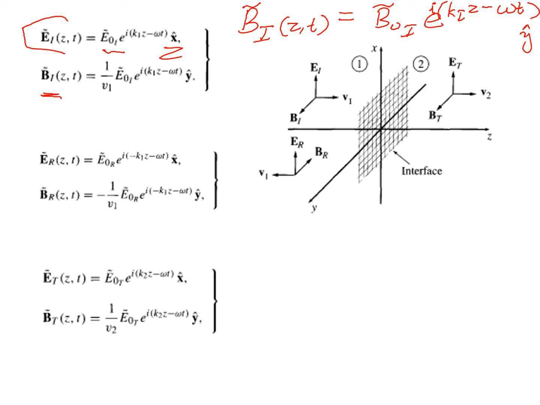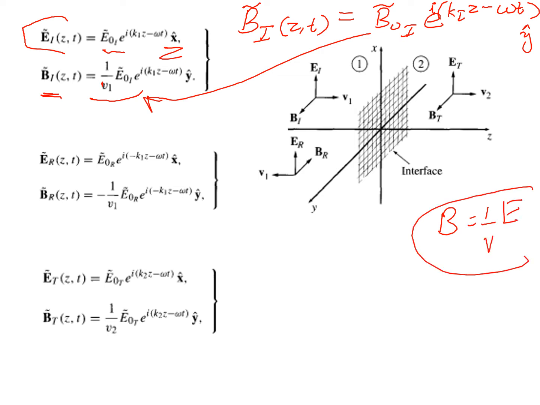In general, if the x-axis is the electric field direction and the z-axis is the propagation direction, then the y-axis is naturally the selection for the magnetic field. And here you can see that instead of B_0, what they mentioned is E_0 by v, because we know the magnetic field B is equal to 1 by velocity times the electric field. That is the relation between these two. So the magnetic field amplitude is related to the electric field amplitude by 1 by v times E.